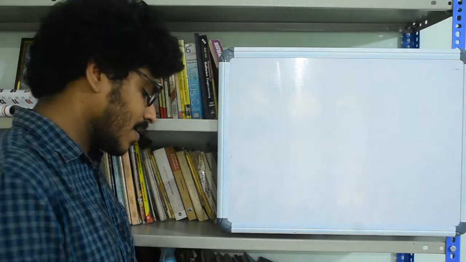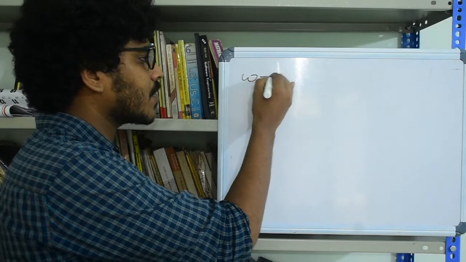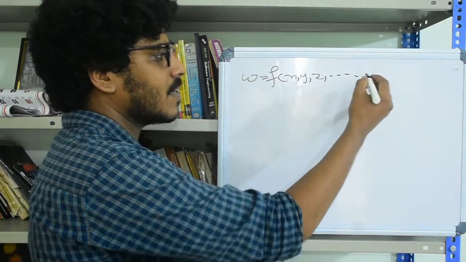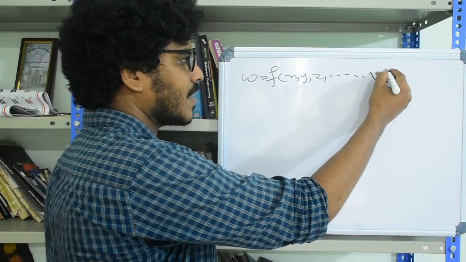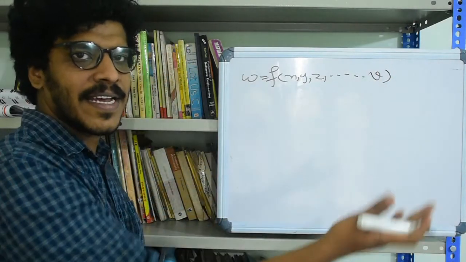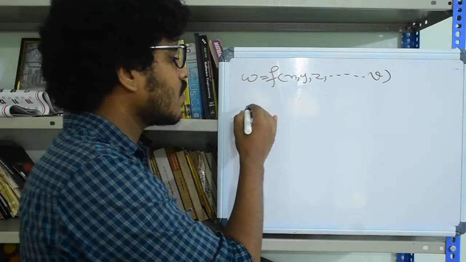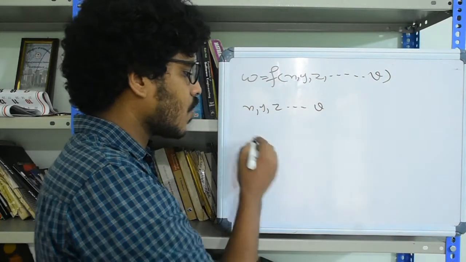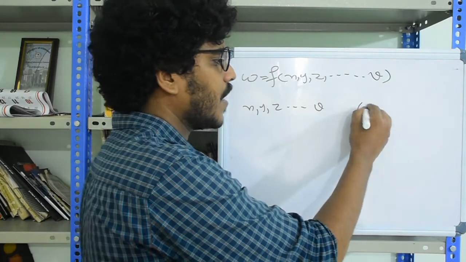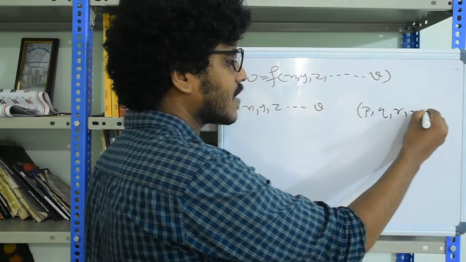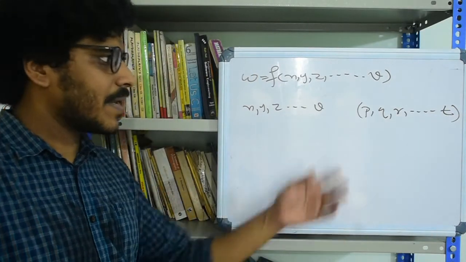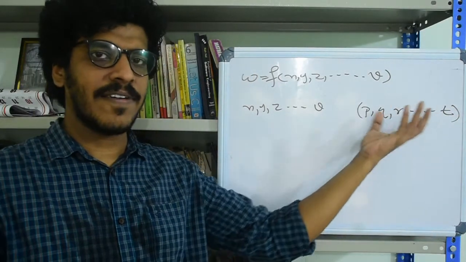Suppose we have a function w equal to f of x, y, z, etc. up to some v, that could be any finite number, where all x, y, z, etc. up to v are functions of say p, q, r, etc. up to say some t. That can be any finite number.